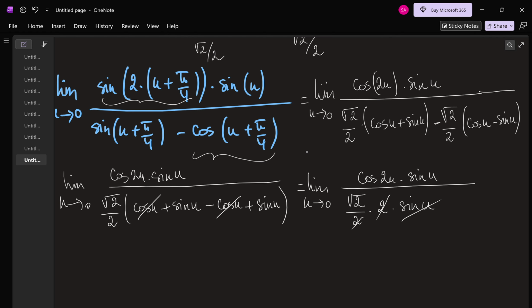This 2 will cancel with this 2, and this sine will cancel with this sine. What we left off is cos 2u over square root of 2. And this is going, when u is approaching the value of 0, to 1 over the square root of 2.